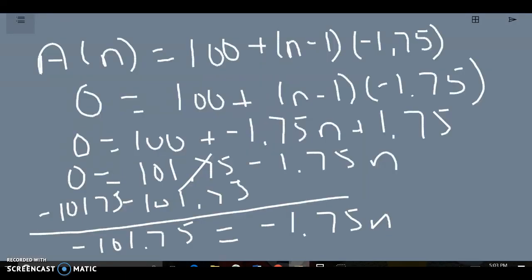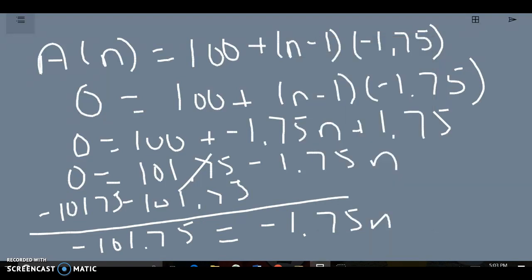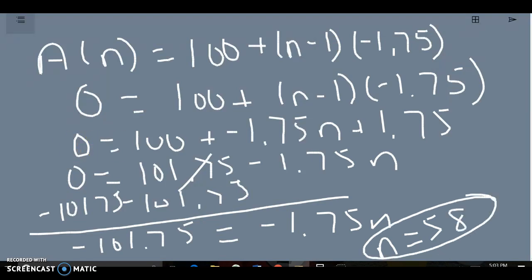Making sure I didn't make any errors. 100. So this is a plus. Yes. So let me just make sure. So 101.75 divided by 1.75, 58. So n equals 58 point something, but you're going to have 58 times on that.